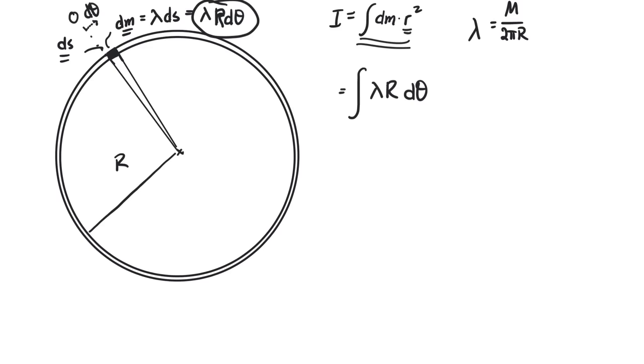This r squared is how far each piece of mass is from the axis of rotation. And in this problem, every piece is the same distance, capital R away. That R is a placeholder to use for my particular geometry, but represents how far the piece of mass is. This piece of mass is a distance R away.